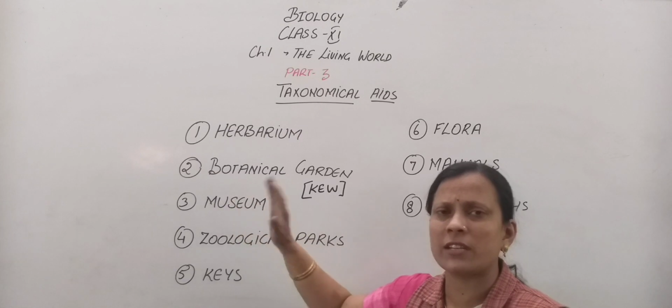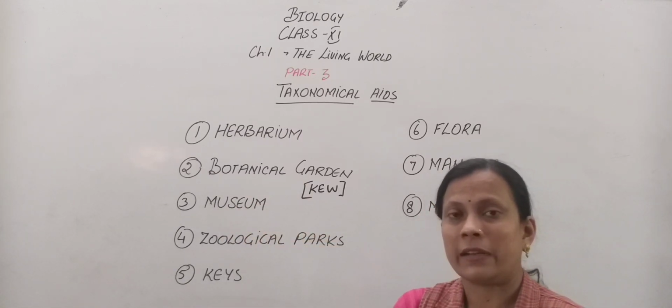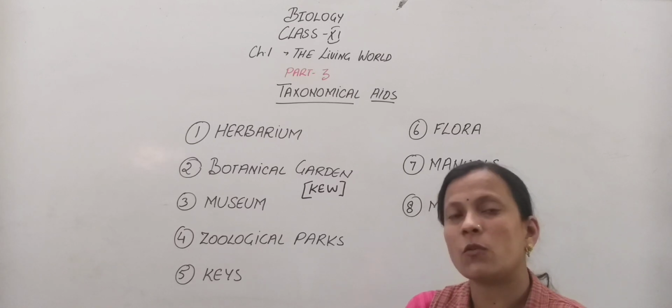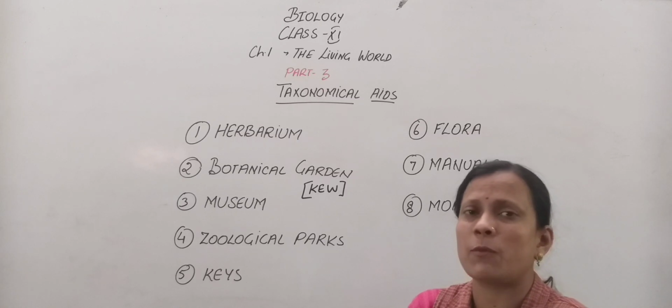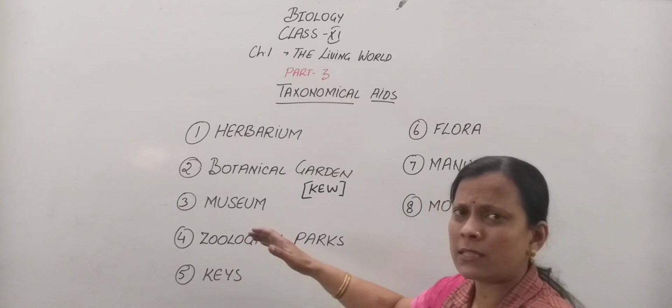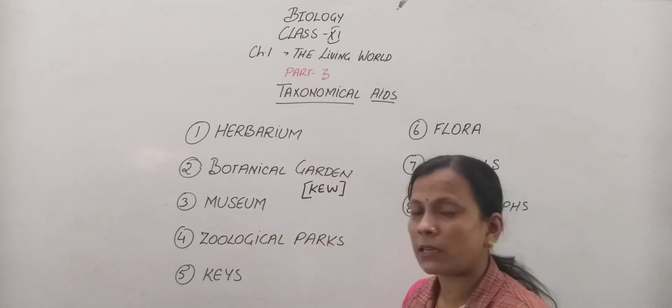We know that in a museum ancient things are kept and all. So a museum has a collection of dead animals in their original shape. Now the zoological park.